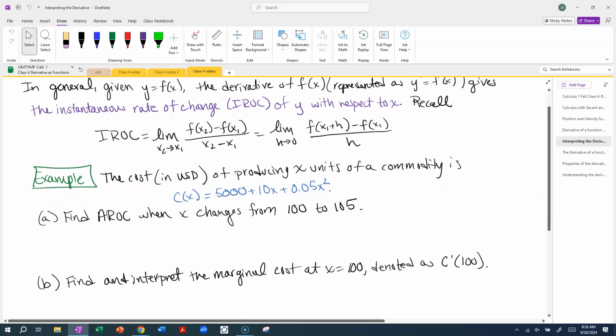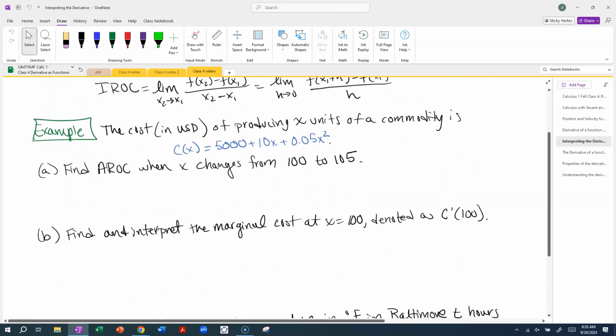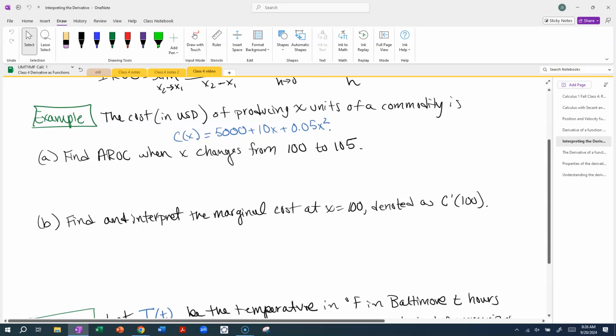So then this video is just going to look at a couple examples, one coming from the study of economics. If we're supposed to just find the average rate of change in the first part, as x changes from 100 to 105, I could say that AROC is equal to change in cost over change in x.